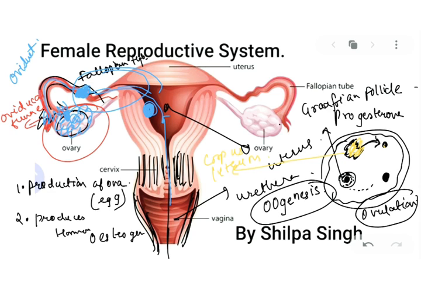Getting my point? And this process of sticking of the zygote into the walls of the uterus is known as implantation. Got my point clear? So there are main definitions like oogenesis, you have ovulation, and then you have implantation.